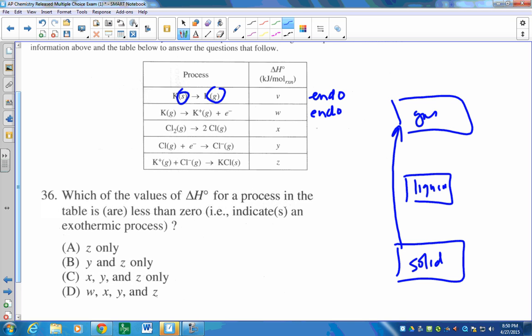One of the things I was trying to tell you is you always have to put energy into an atom to get an electron away, because potassium has 19 protons in the nucleus and 19 electrons in the cloud, and opposites attract. And yeah, it's easier to get an electron away from potassium, but you still have to put some energy in to make that happen. So that's endothermic.